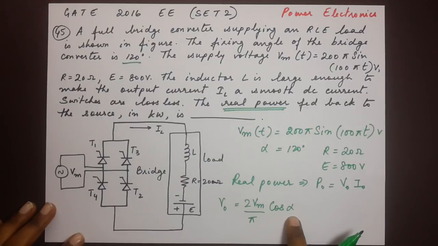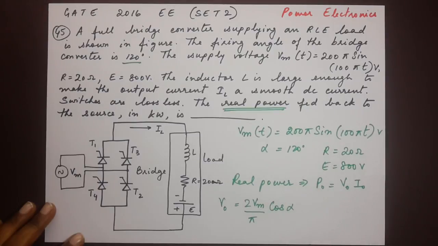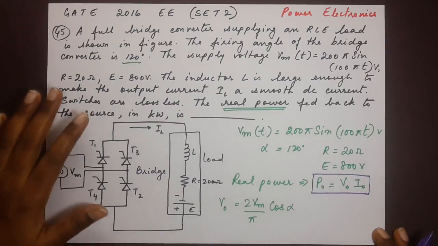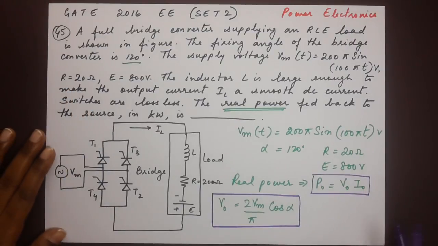Alpha is already given to us. Vm is the peak value of the equation given to us, which is 200 pi. So these are some basic formulas. The real power would be V into I, and V naught is written as 2 Vm by pi cos alpha. So if we substitute what Vm is, 200 pi here, let's see what we get.